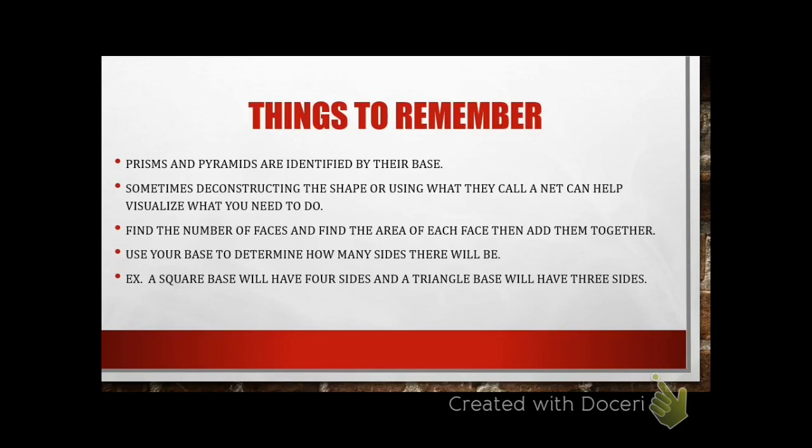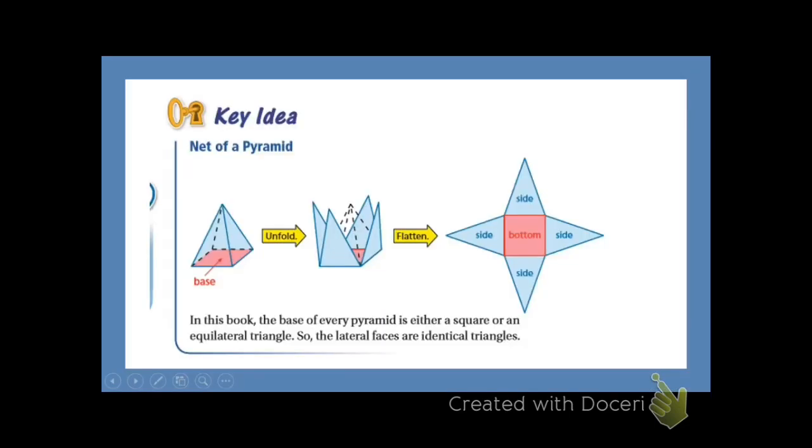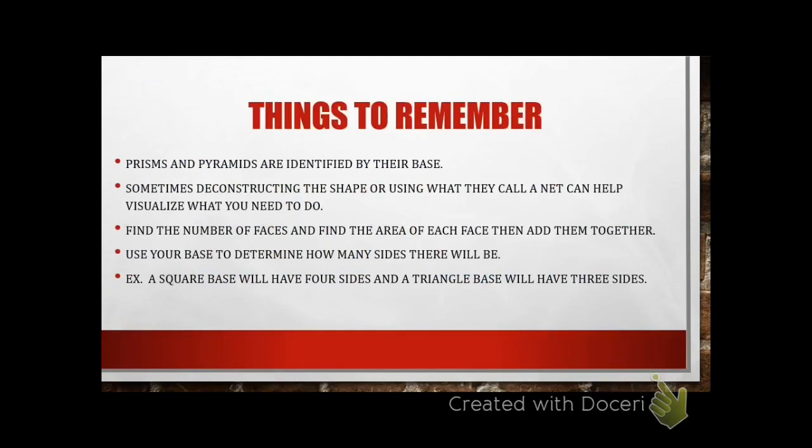If you have a triangular base, then you're going to have 3 triangles, 1 for each side of the base that come to a central point. All right, so a square base will have 4 sides. A square base will have 4 sides, and a triangle base will have 3 sides. All right, so keep that in mind.